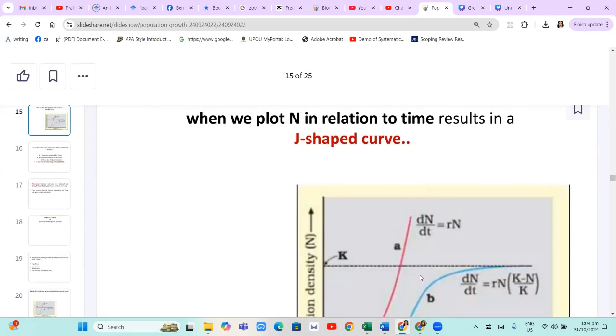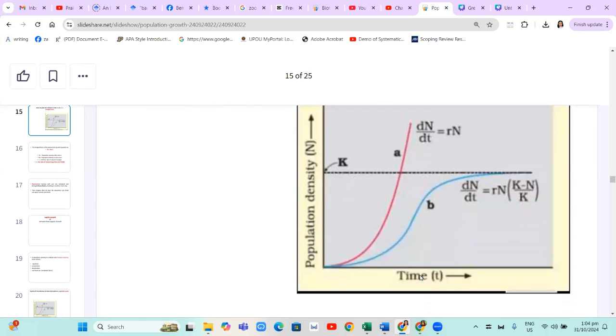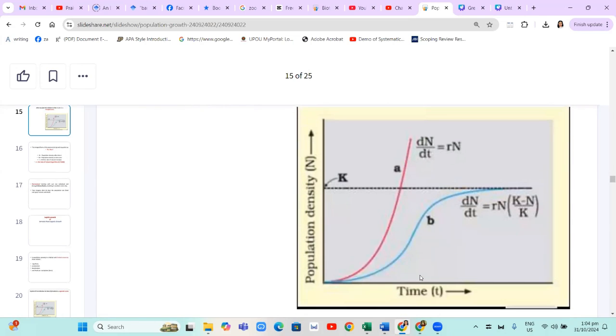When we plot N in relation to time, it results in a J-shaped curve. You can see in this plot that the population density is in a J-shaped curve as the population increases.